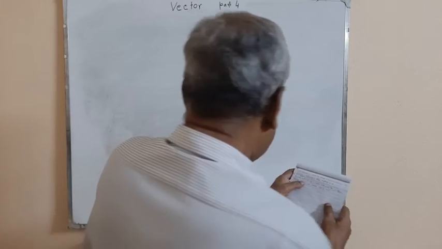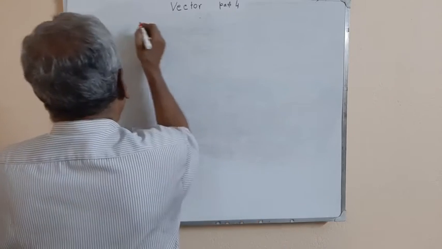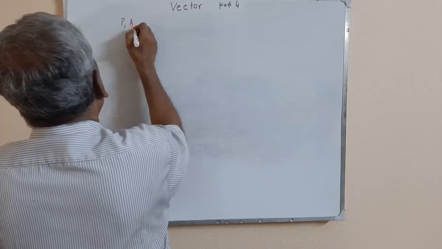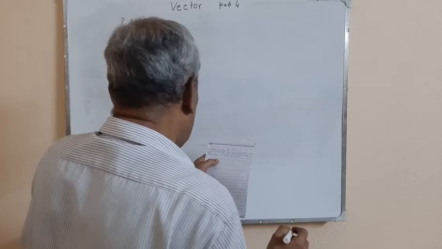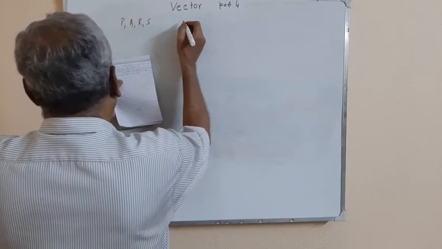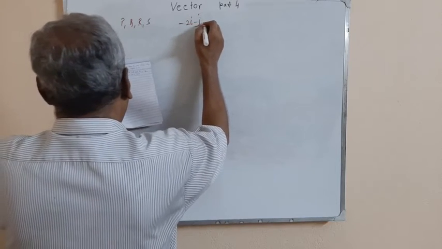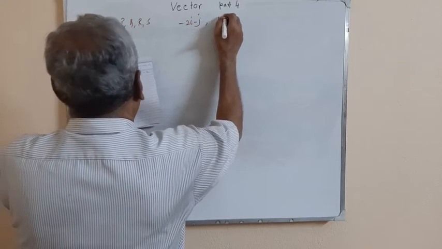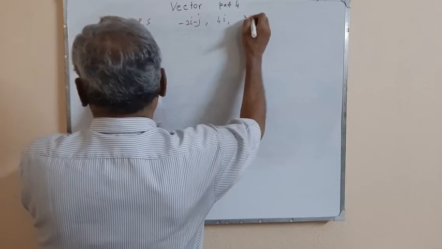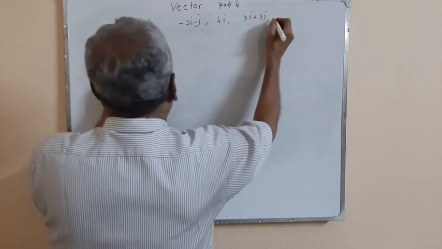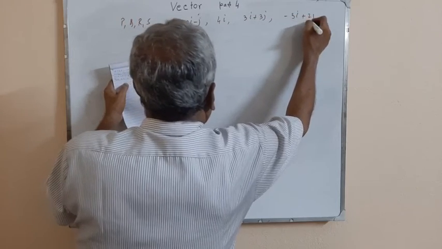Okay. The next problem is, let P, Q, R, S be points whose position vectors are minus 2i minus j, 4i, 3i plus 3j, and minus 3i plus 2j.